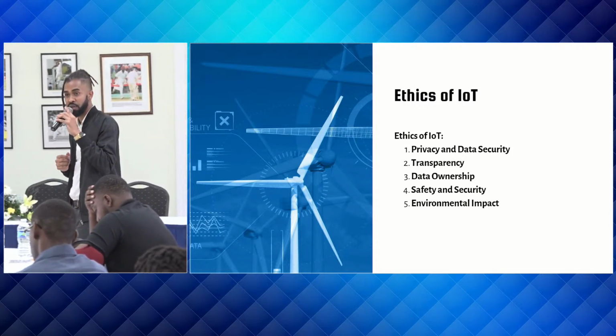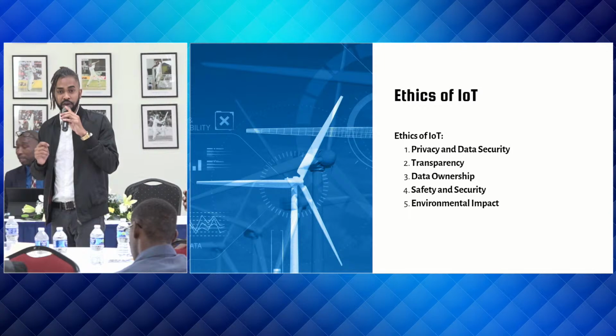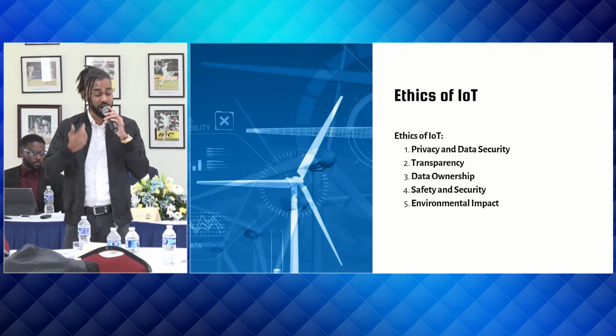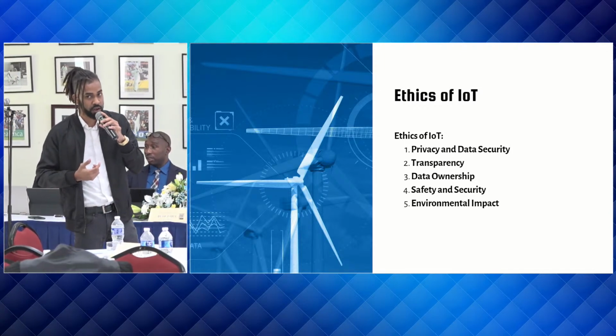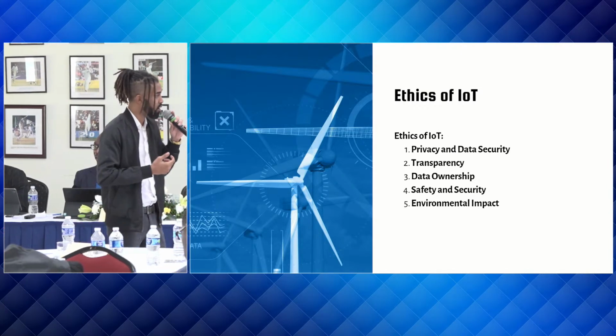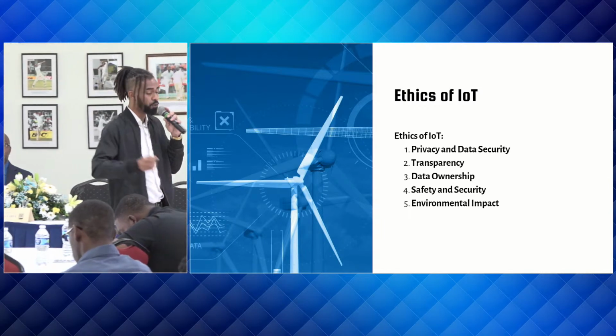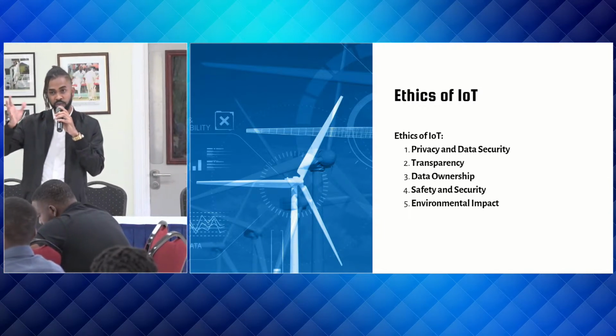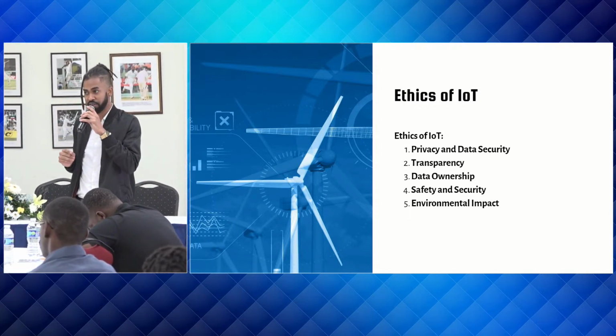Data ownership as well. This is a very important aspect because we are and can be more creators of these digital solutions, of software, of applications, as opposed to just using what was given to us by external authorities.